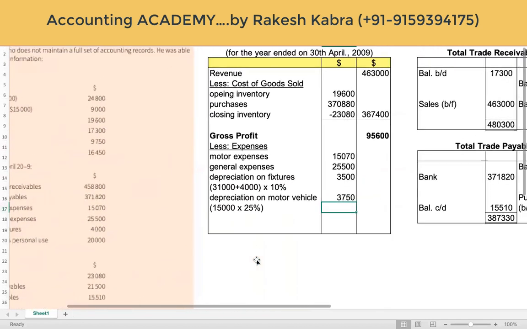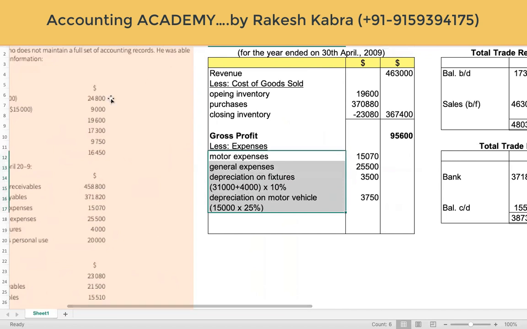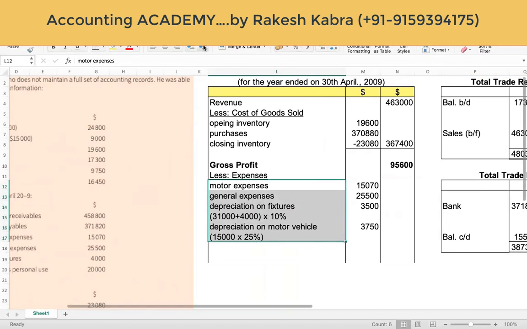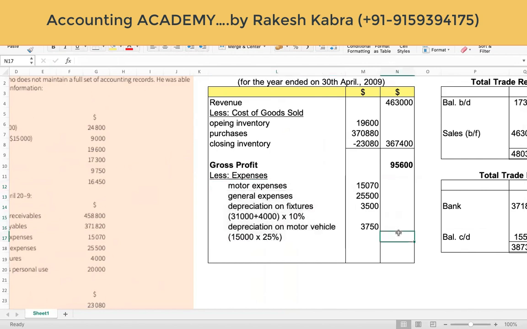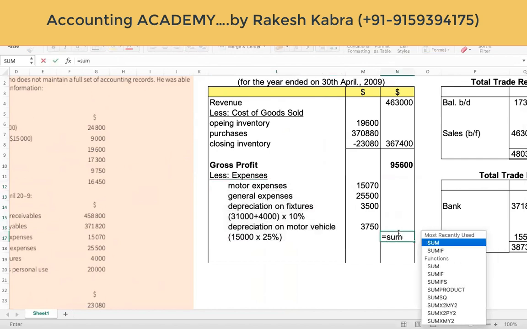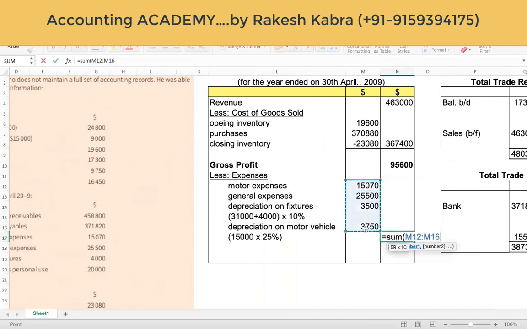So I have taken all the expenses and depreciations, right? So what I will do now, I will make the total of all these expenses. So let's see what is the total. Total of all these expenses is coming to 47,820, right?